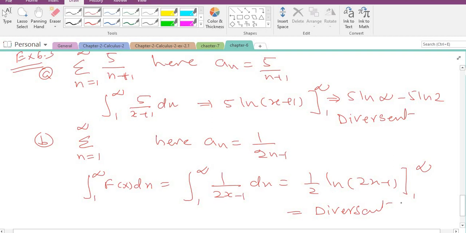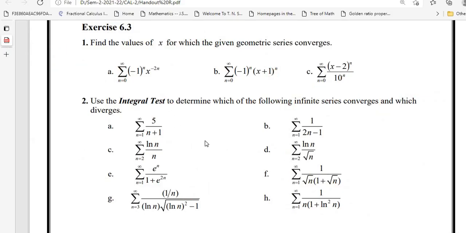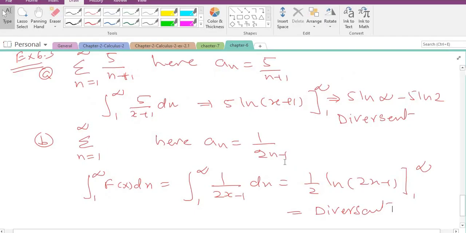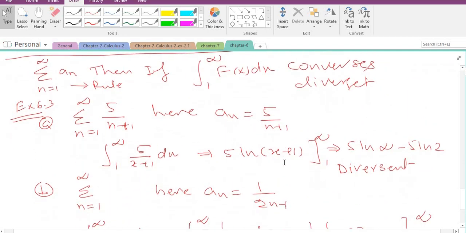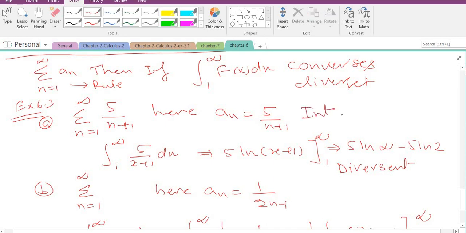So we can choose accordingly, and then we can tell whether the series is convergent or divergent, and that one is called the integral test. When you compare by using whether it is divergent or convergent, it is called the integral test.